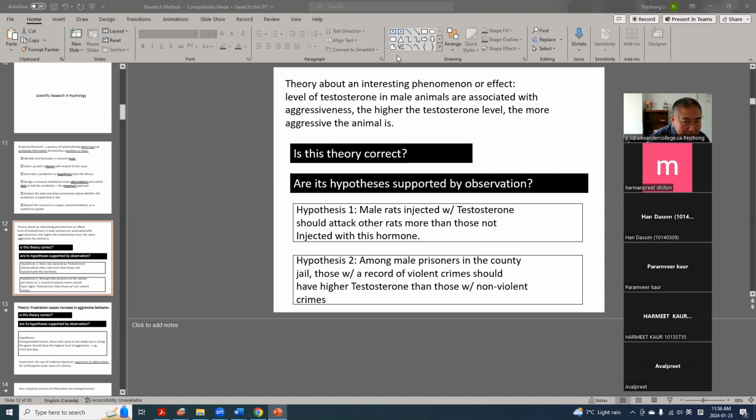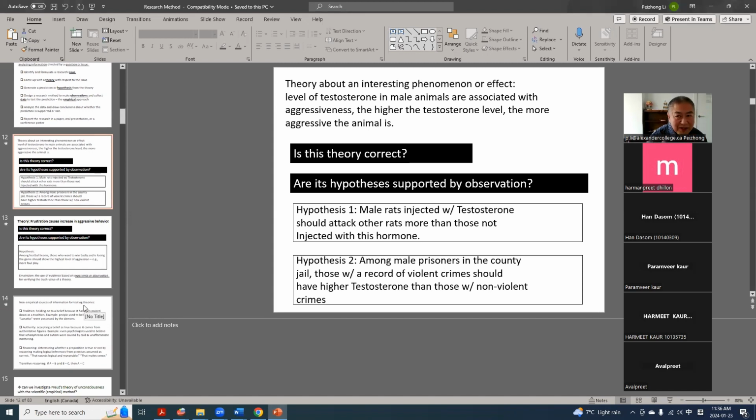A theory and hypothesis. Which one is a specific prediction? Theory or hypothesis? Hypothesis. Good. Hypothesis is a very specific prediction. A theory is kind of broad. From one theory, you can get many different hypotheses.